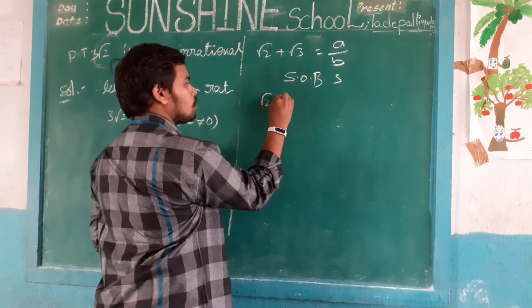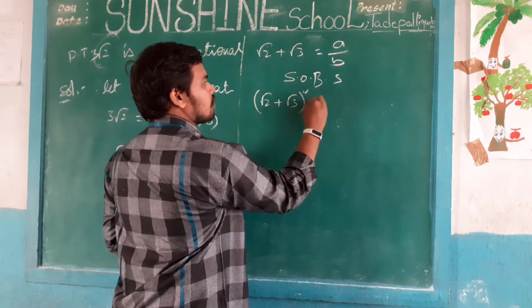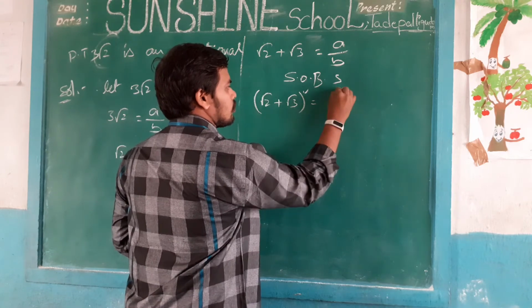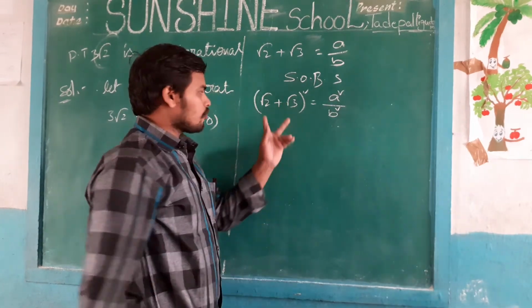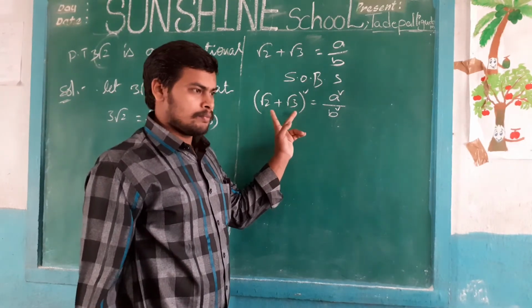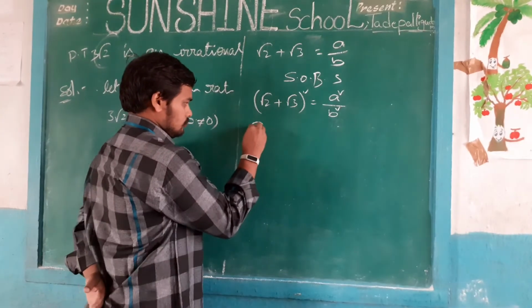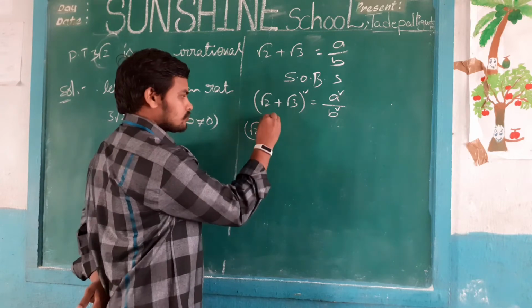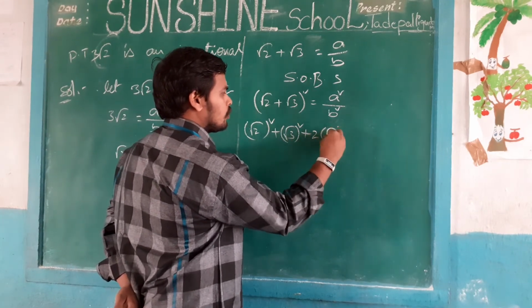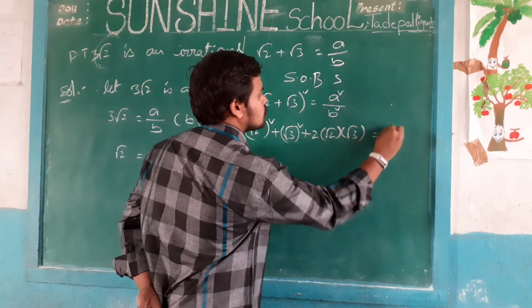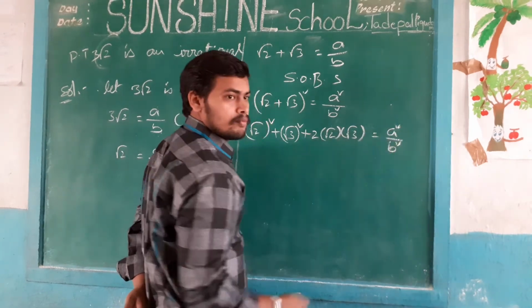So root 2 plus root 3 whole square equals a square by b square. This is in the form of a plus b whole square. The a plus b whole square formula: a square plus b square plus 2ab, that equals a square by b square.